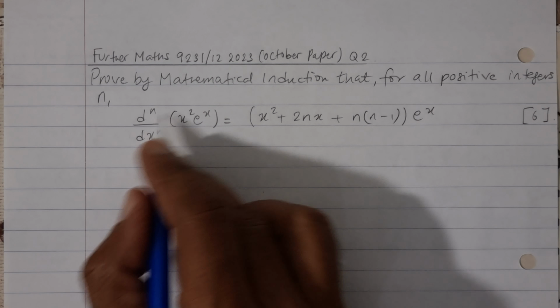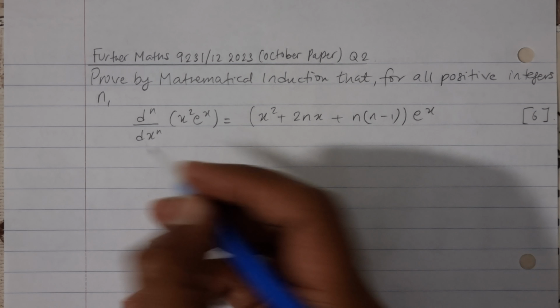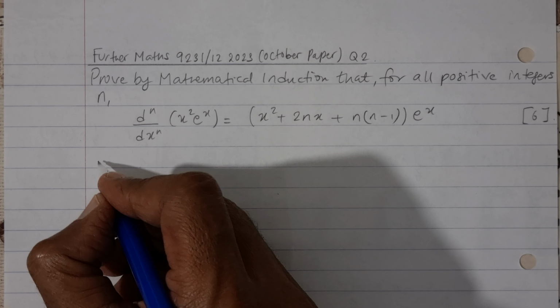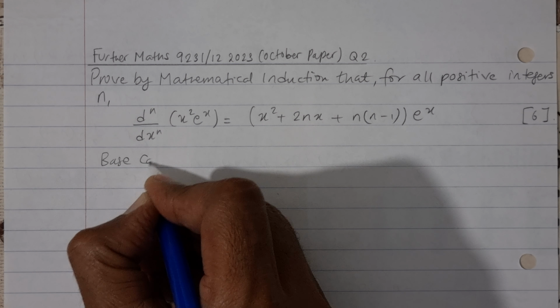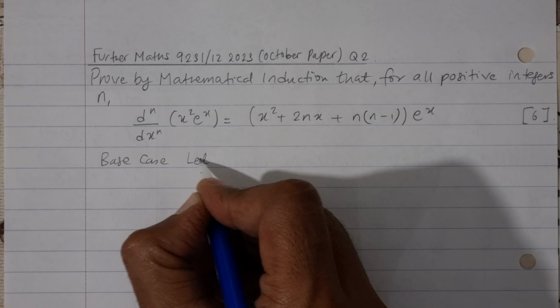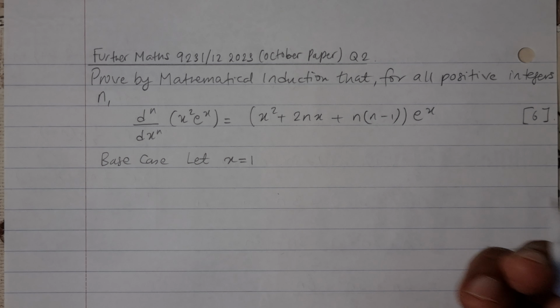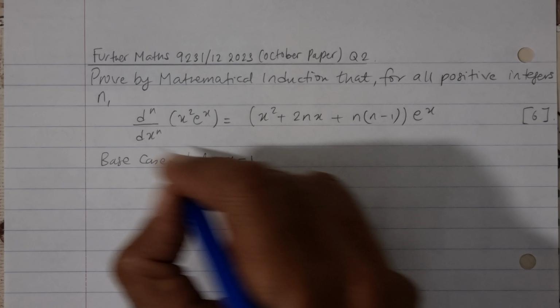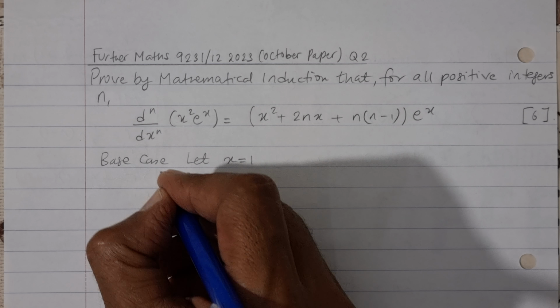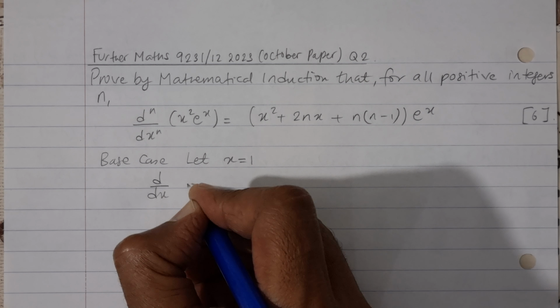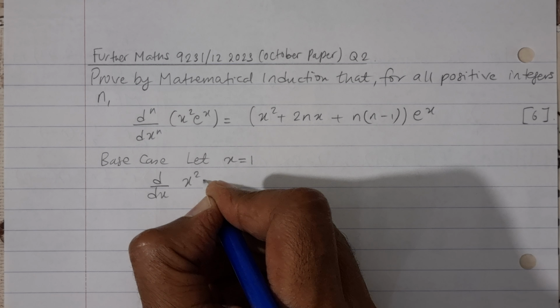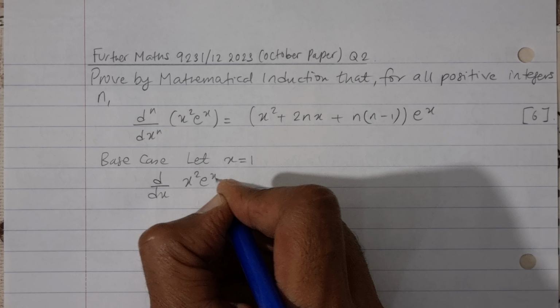Now we're going to differentiate the right-hand side, but before we do that, we're going to check the base case. For the base case, we can let n equal 1. If we do so, then we look at the left-hand side: d over dx of x squared e to the x.